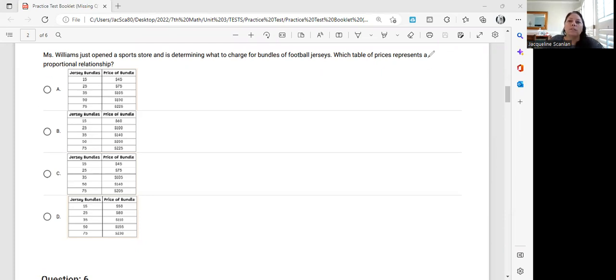All right, what we need to do here is remember what a proportional relationship is. And remember, there are a couple of ways you can think about this, where every fraction is equal to each other.